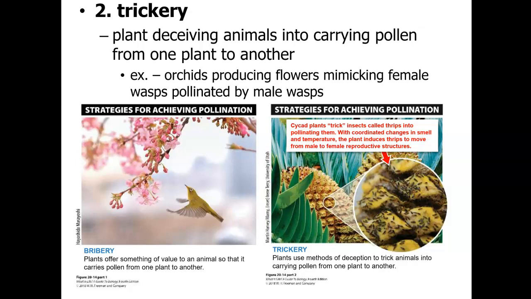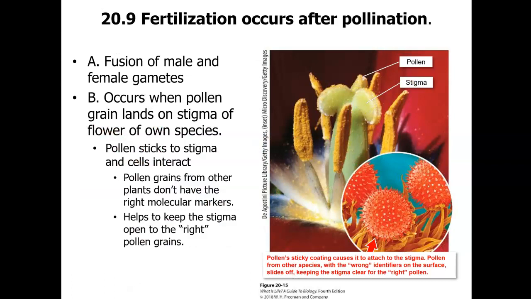And so we see those going in and pollinating. With the coordinated changes in the smell and temperature, the plant's going to induce these thrips to move from the male to the female reproductive structures, carrying those male gametes into the female to cause that pollination.